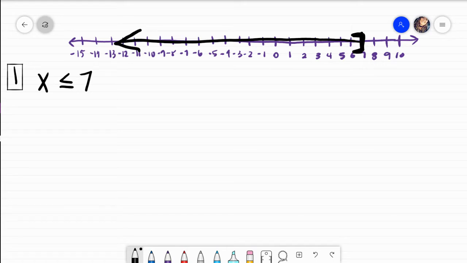Now, remember I'd said if you look at 0 on the number line and you consider all the values to the left of 0, if something continues to go that direction to the left forever without stopping, it's going towards negative infinity, right? And then didn't I say something else that was super important? When we're talking about negative infinity and infinity, you can never equal those, which means we would have a parenthesis, correct?